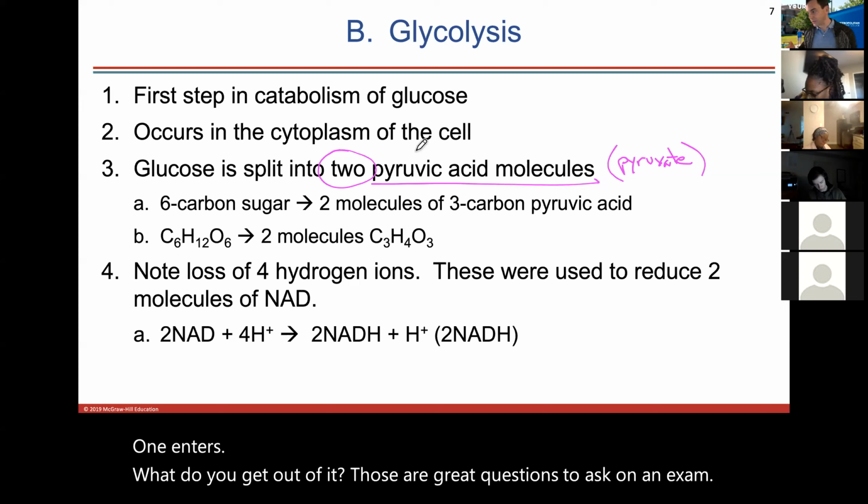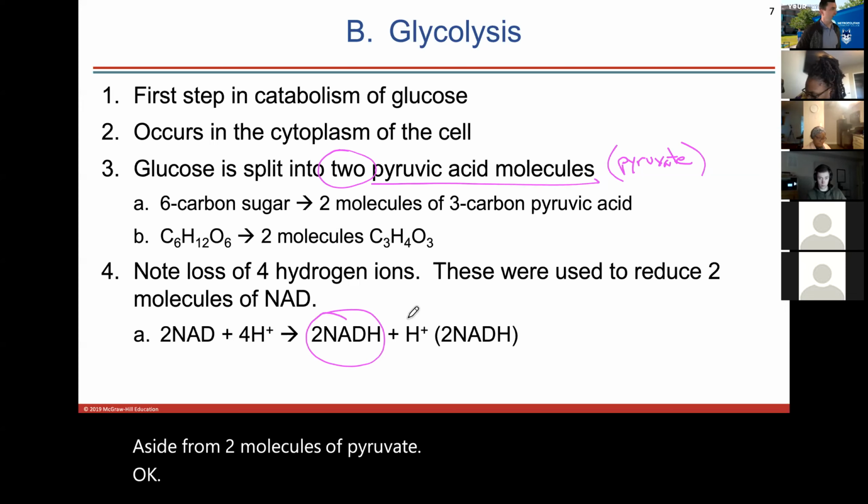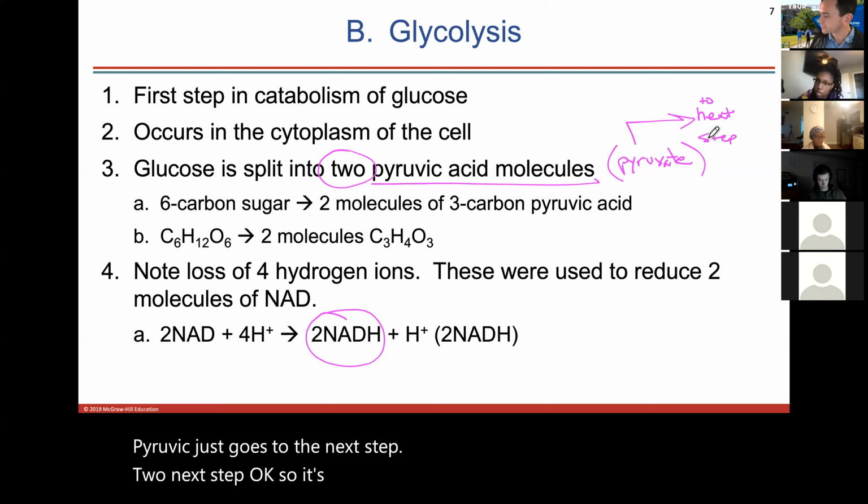Aside from 2 molecules of pyruvate, okay, you get a couple molecules of NADH. Pyruvate just goes to the next step. Okay. So it's going to go to the transition reaction.